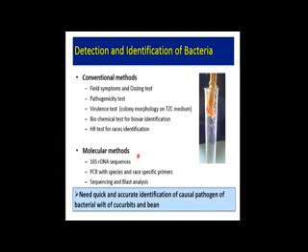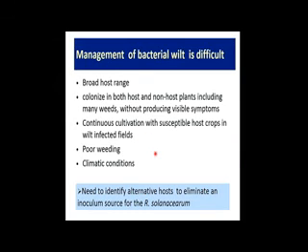Therefore, accurate identification of the causal pathogen of bacterial wilt of cucurbits and bean is needed. When we come to the management, it colonizes both host and non-host plants, including many weeds, without producing visible symptoms.